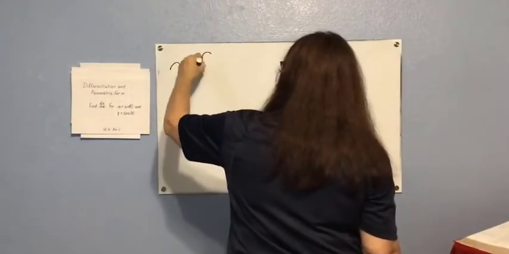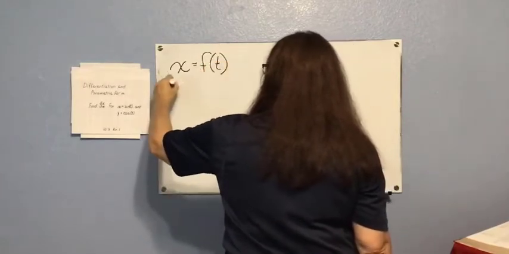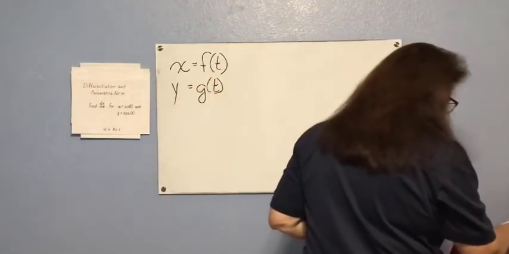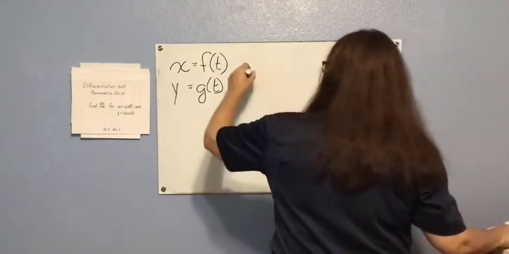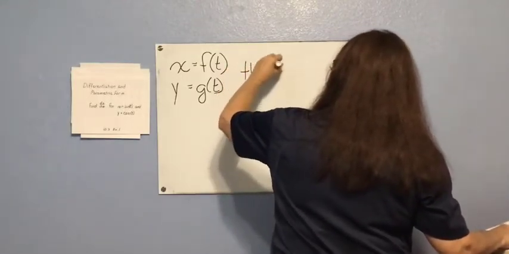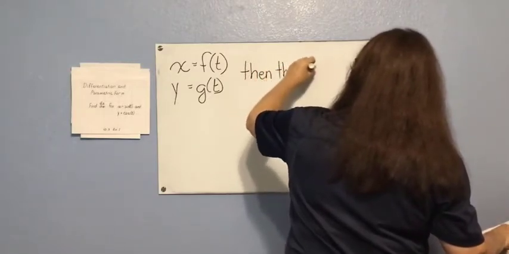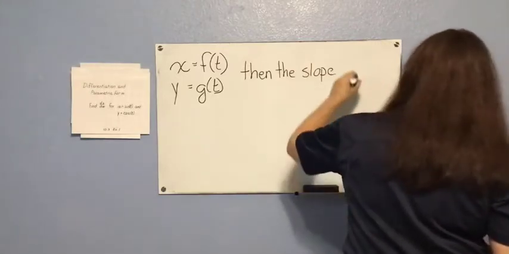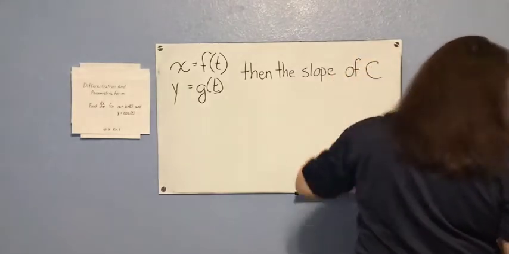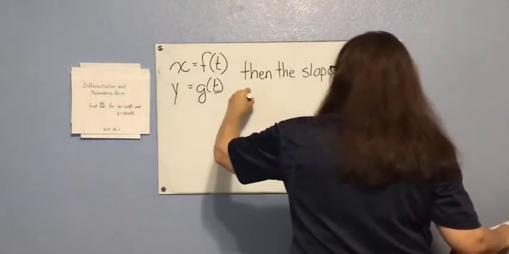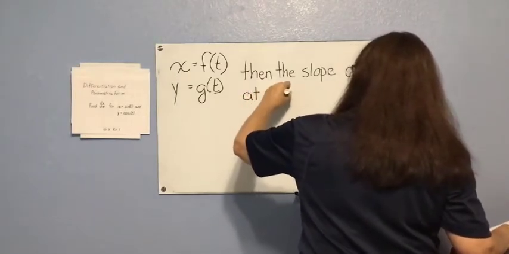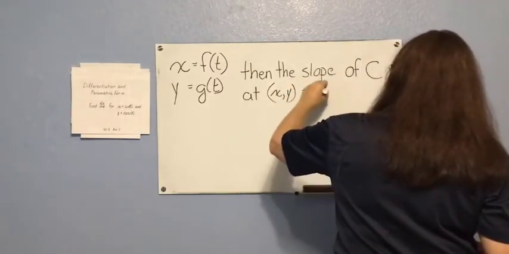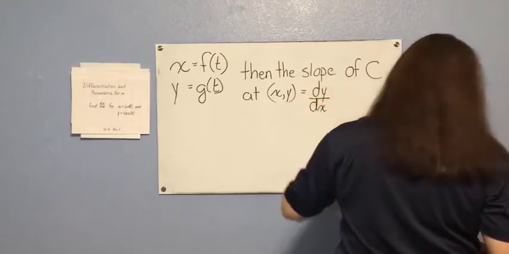If x is equal to f of t and y is equal to g of t, then the slope of the curve C at point x, y is equal to dy dx, just like it is for rectangular equations.